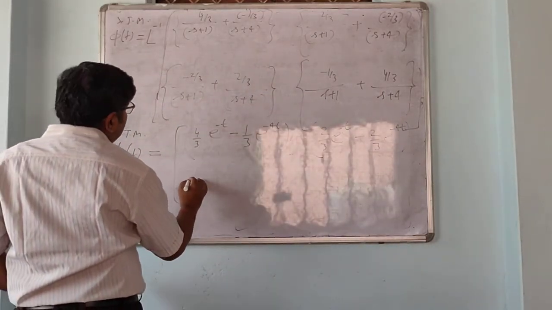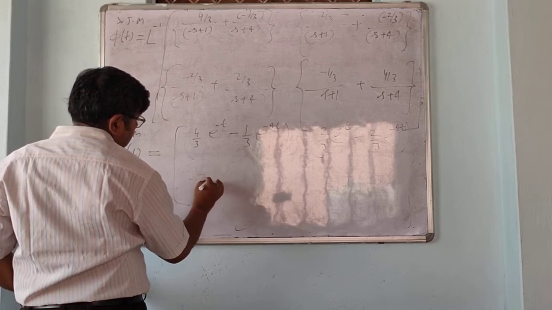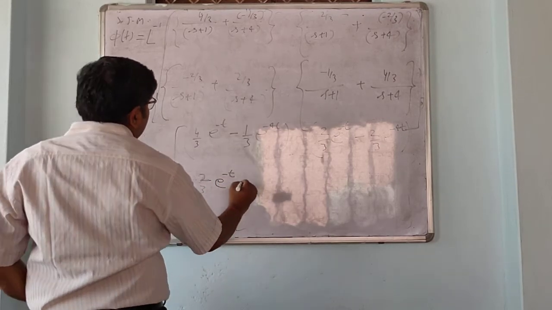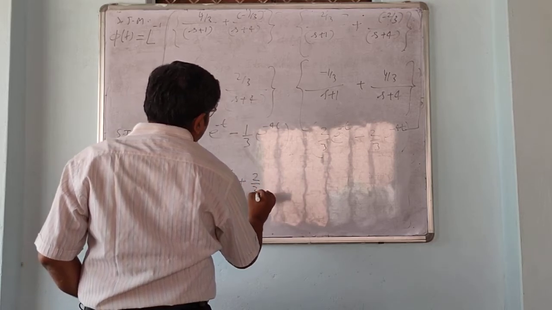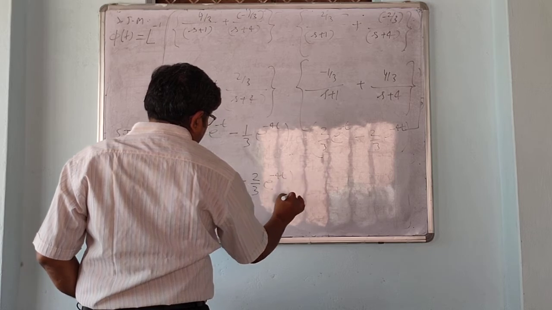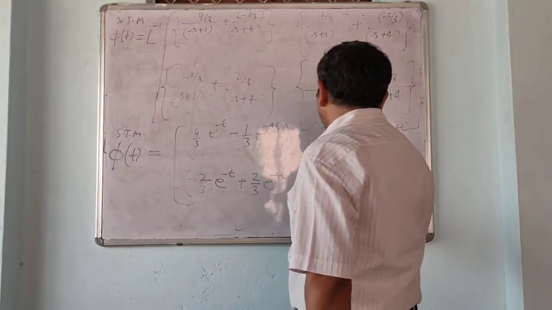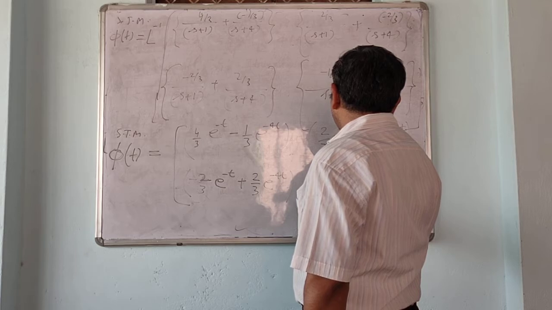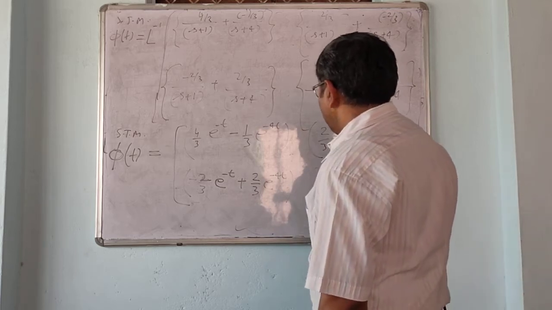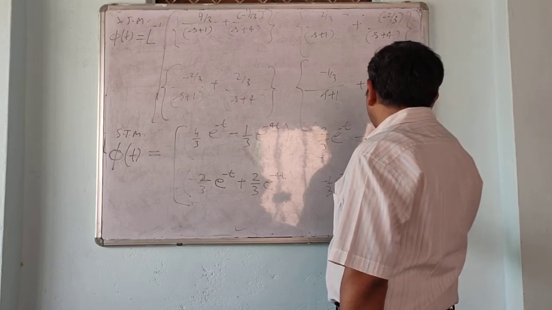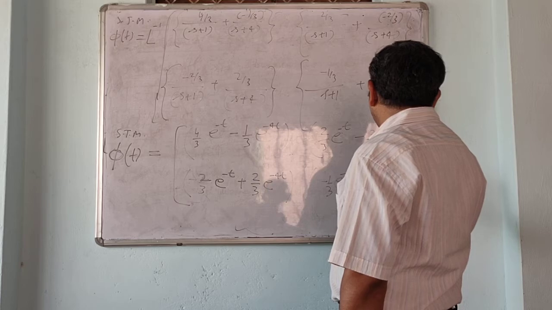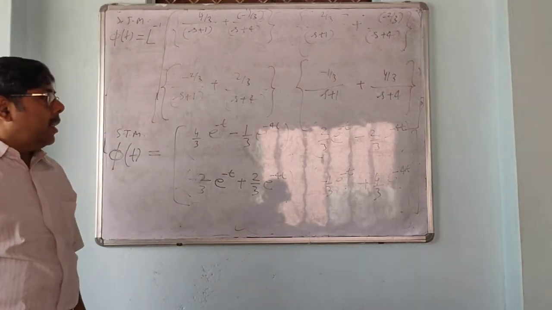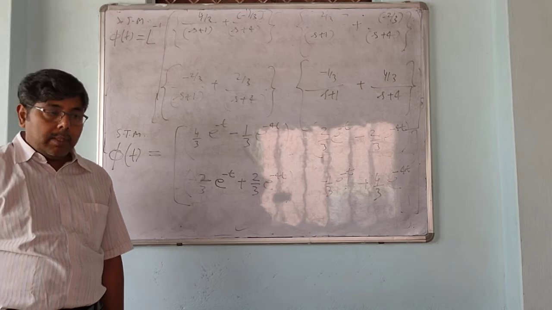For the third one, minus 2 by 3 e to the power minus t plus 2 by 3 e to the power minus 4t. And this is minus 1 by 3 e to the power minus t, and the last one is 4 by 3 e to the power minus 4t. So this is the method to find the state transition matrix by using the Laplace inverse method.